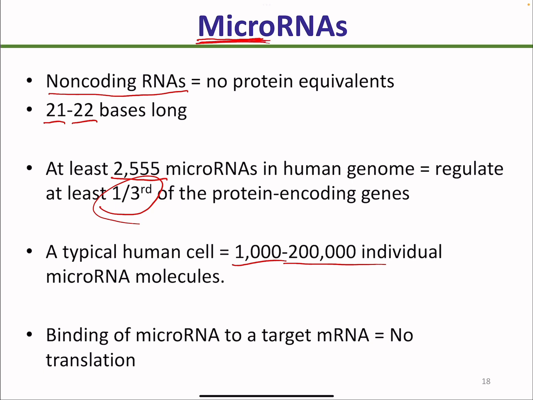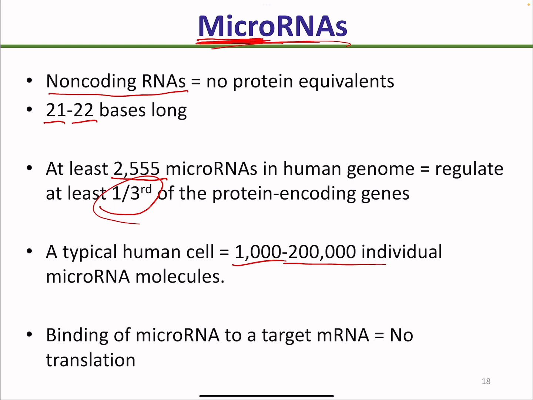In other words, what the cell is trying to do here as a strategy is, if it did not get successful at controlling transcription, it is going to at least control translation with the participation of the microRNAs.